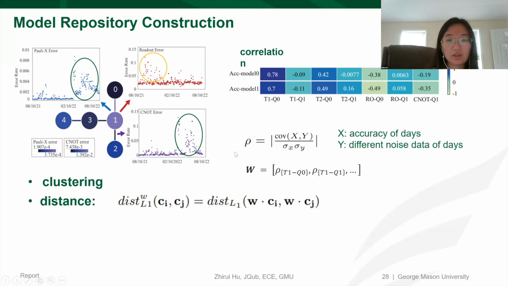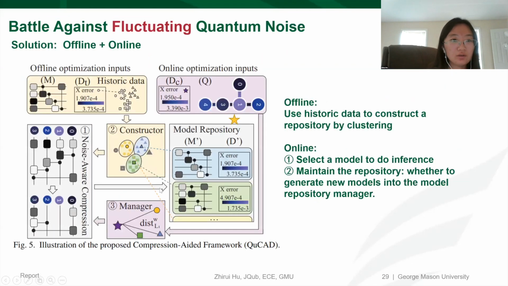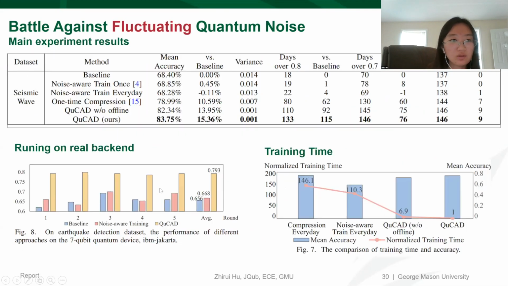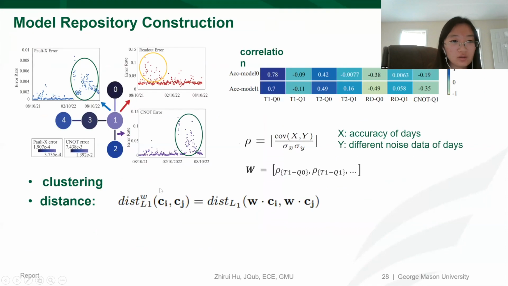If the correlation is small, the weight will be small. I use this to suggest the clustering algorithm. I use the simplest k-means algorithm.